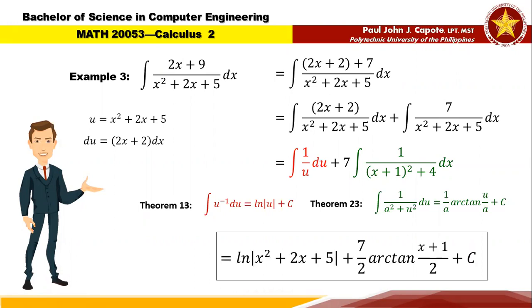And so we get the final answer. The integral of 2x plus 9 over x squared plus 2x plus 5 dx is equal to the natural logarithm of x squared plus 2x plus 5 plus 7 halves times arctan of x plus 1 over 2 plus c.